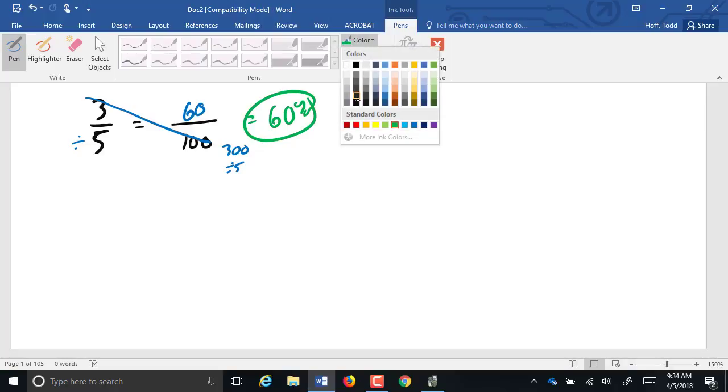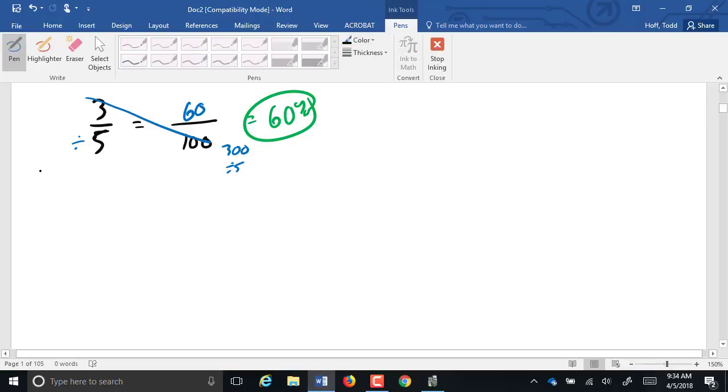Today, as we start doing our calculations with percents, we're going to use that same setup. It's called the proportion method.